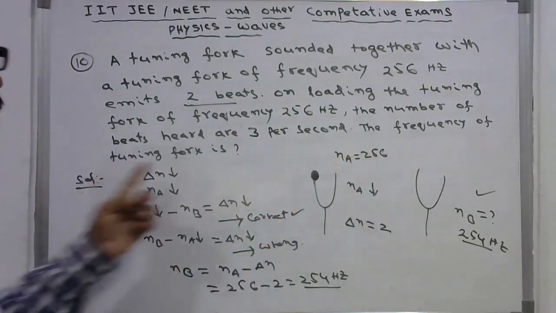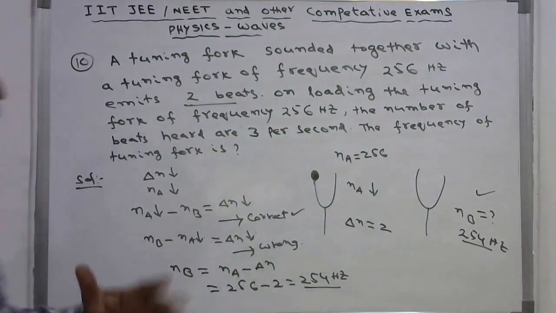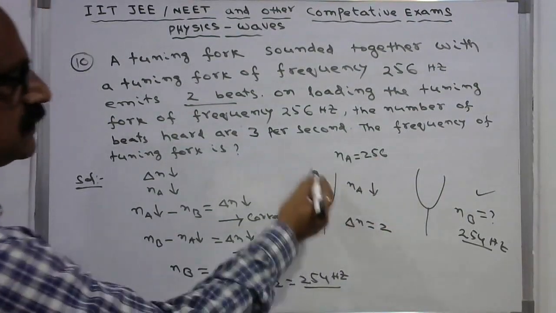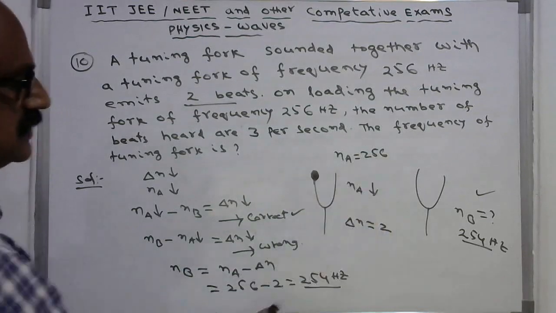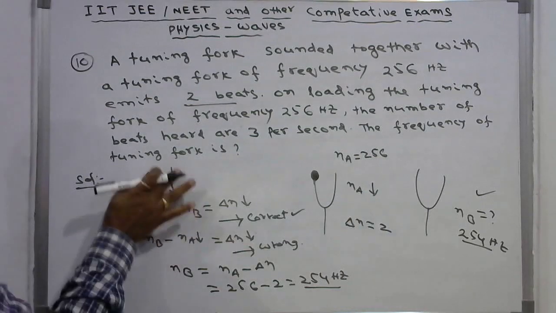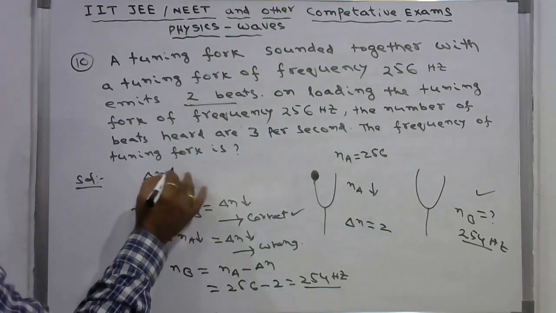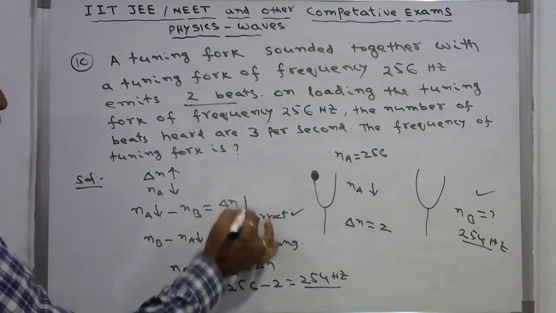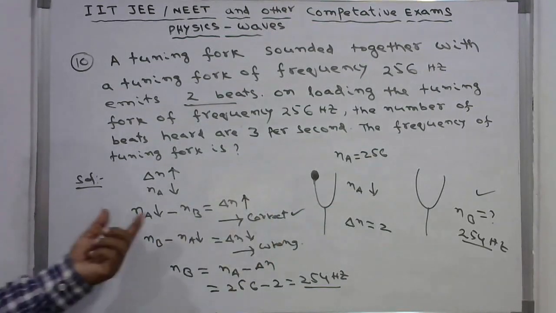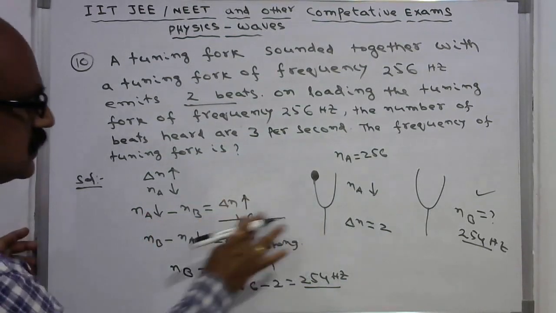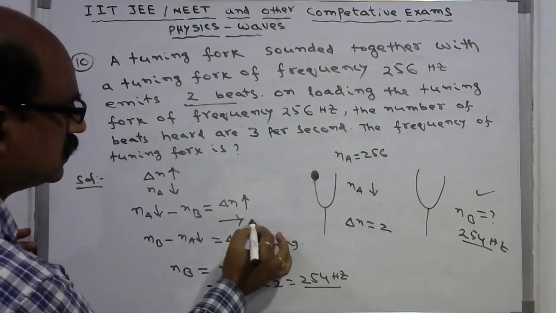Then the frequency of the tuning fork is? So now, on waxing the known frequency 256, normally its frequency decreases. But on waxing, the delta N is not decreased, it is increased. So when NA decreased minus NB, delta N increased is wrong. This is not correct.